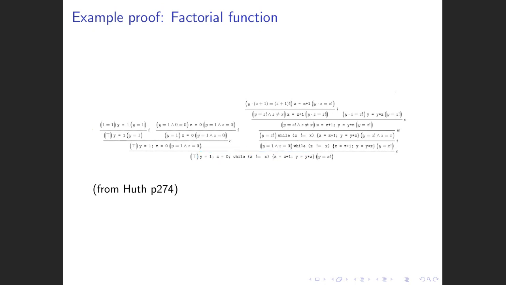So where you see the factorial here, for example, this is just a mathematical statement. This is just saying that if this thing was the case, mathematically, then the effect of this little program would be to make this thing true over here.